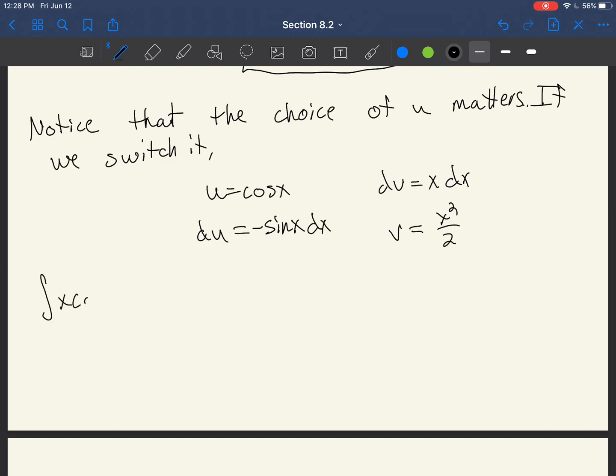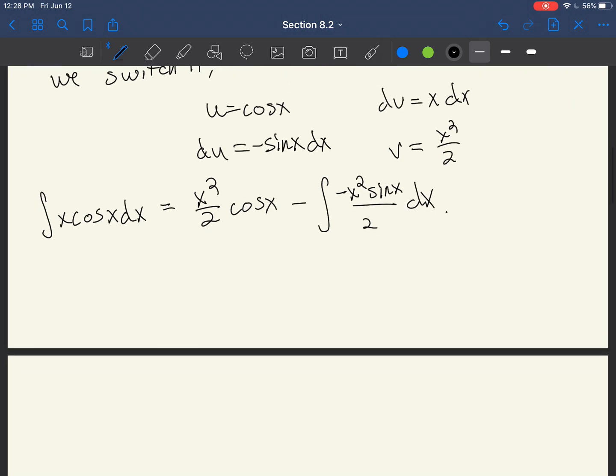First off, it's already ugly. But if you were to plug this into the integration by parts formula, you'd get uv, which is x squared over 2 times cosine x, minus the integral of v du, so minus the integral of negative x squared sine x over 2 dx.